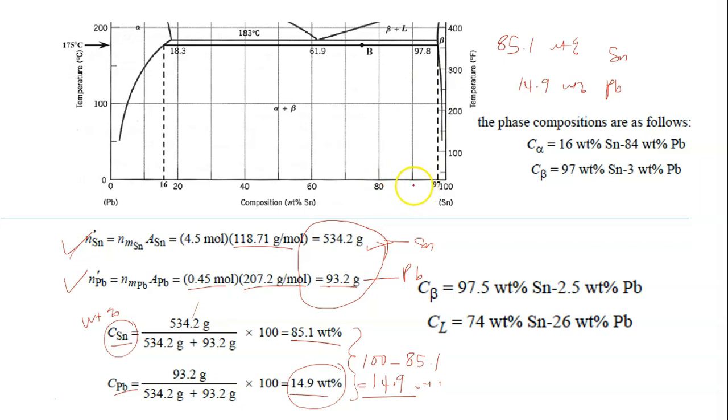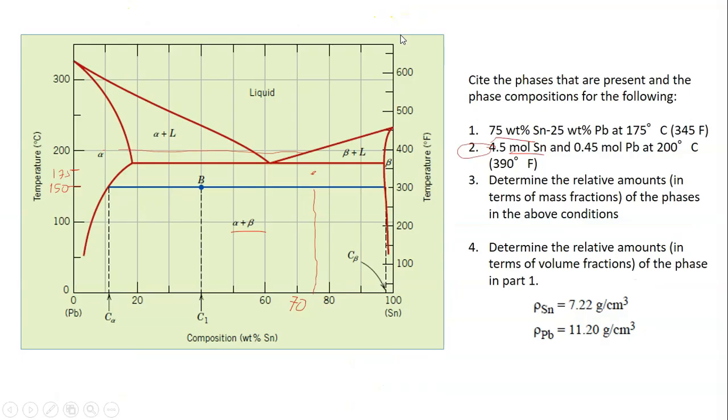This is 80, this is 90, so 85 is around here. 200 is here. Okay, sorry, 200 is here. So what is the phase present? Beta plus liquid here. So we have solved number 1, we have solved number 2. This is beta plus liquid, and this is alpha plus beta.